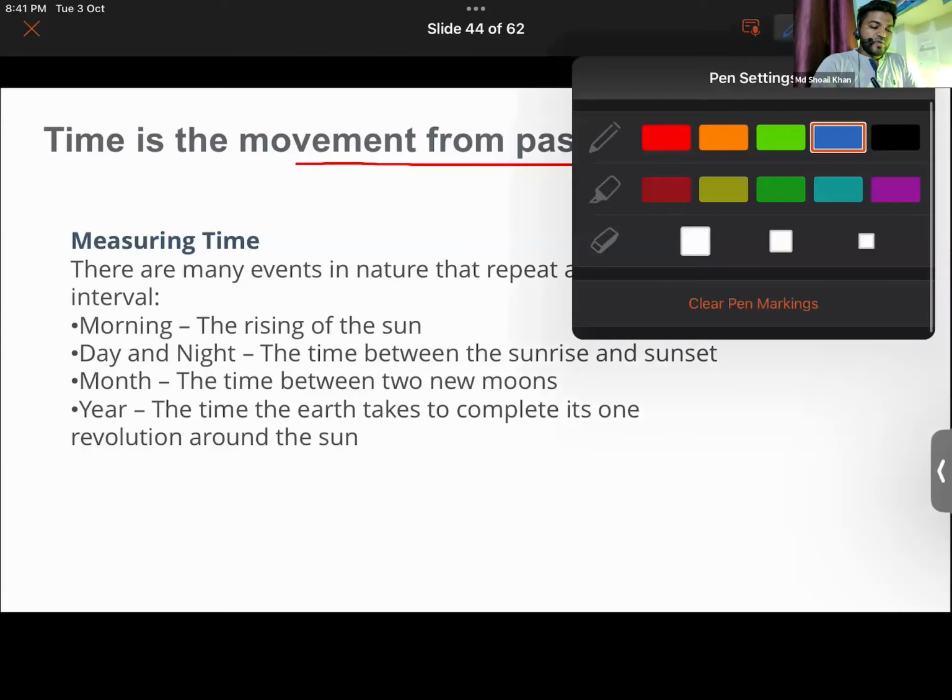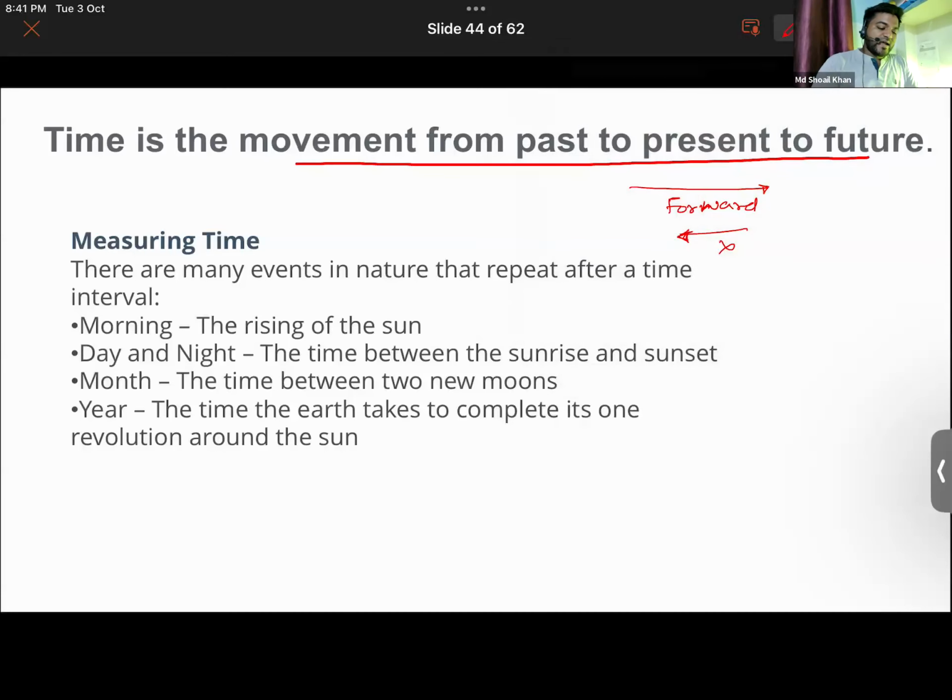Now, one more aspect about time is that time is relative. What do I mean by this? An interesting concept here, pay very close attention. Say there are two identical boys, boy A and boy B. Are you guys there or not?